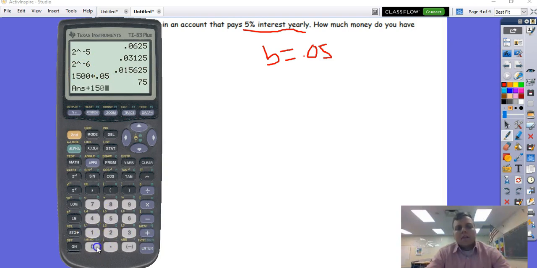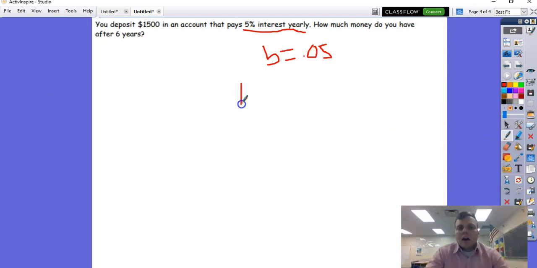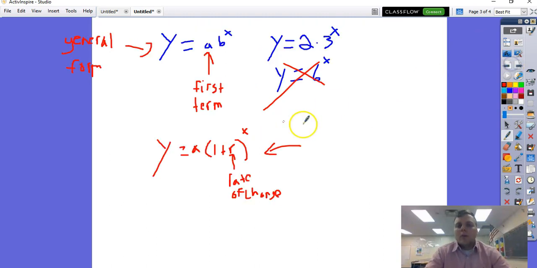You have $1,575. So you have 100% of your money plus another 5%. So wait, you have 100%, so in non-percent that's 1, plus 0.05. So you really have 1.05 of your money. That's the difference in these formulas, okay?